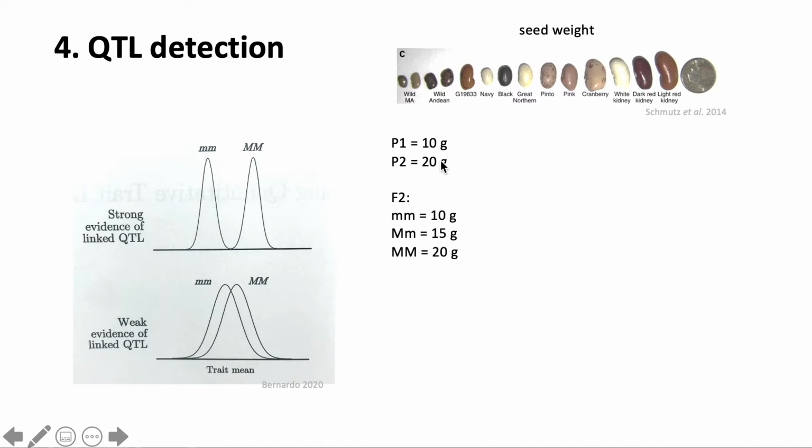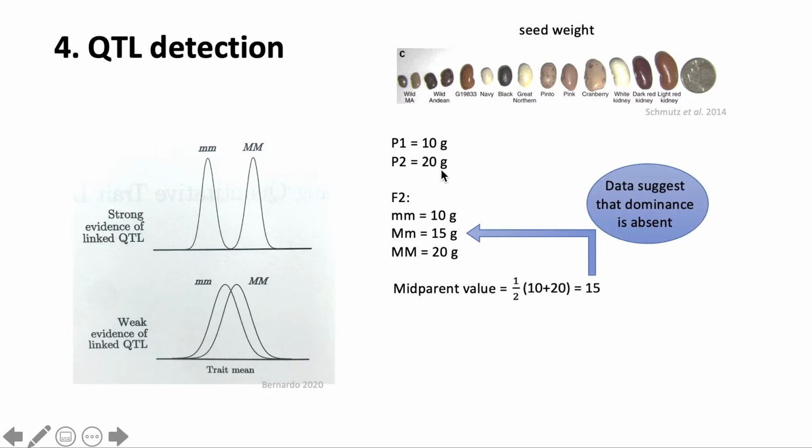Suppose that we're interested in seed size, and we have one parent with a phenotype of 10 grams and another parent with a phenotype of 20 grams. We can generate offspring, and in the F2 all the individuals that are homozygous for little m are equal to 10 grams, all the individuals that are homozygous for big M are equal to 20, and all heterozygous are 15.